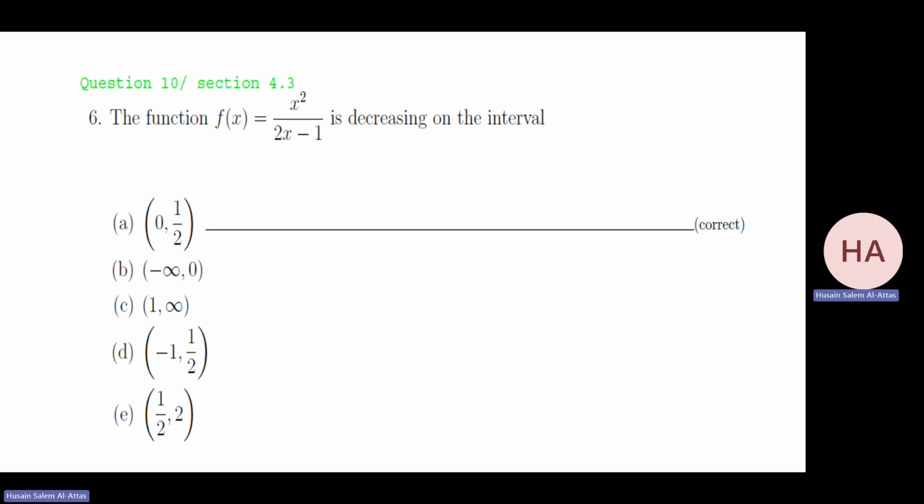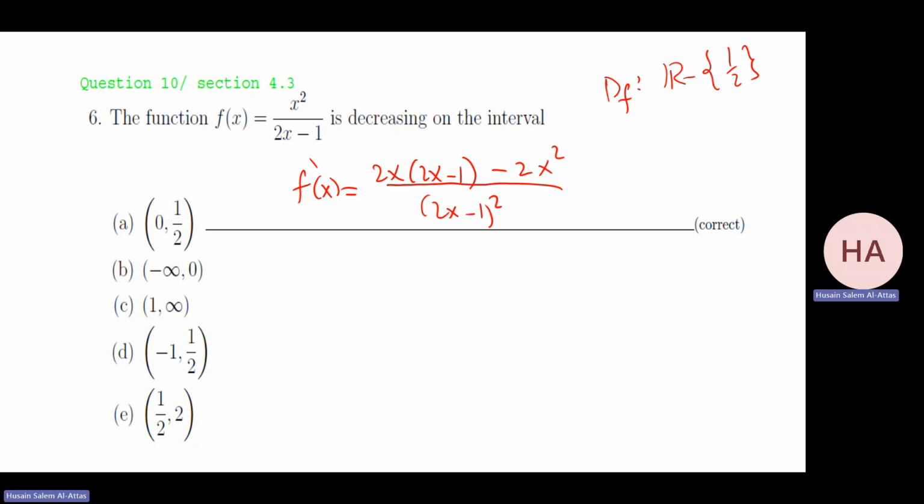The function is decreasing in this interval. Okay. Decreasing in the interval, this. What's the domain? All real numbers except half. We'll find f prime, product rule. 2x minus 1 minus 2x squared over this square.